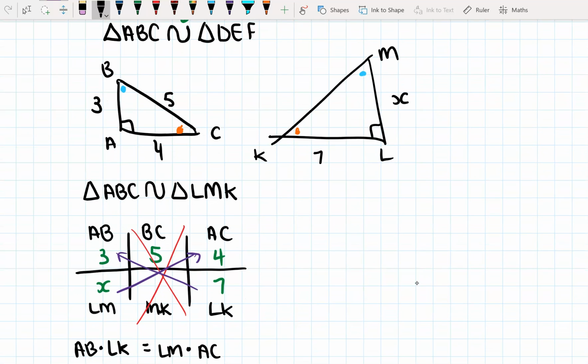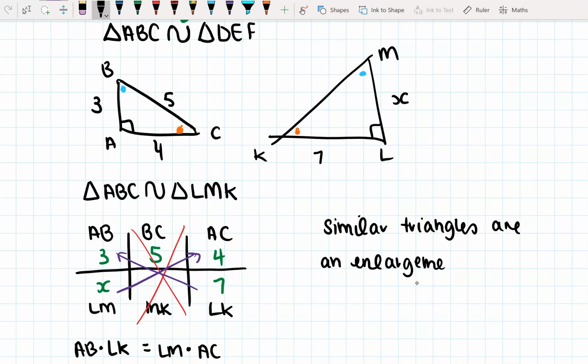The big thing to remember is that similar triangles are just an enlargement of another triangle.